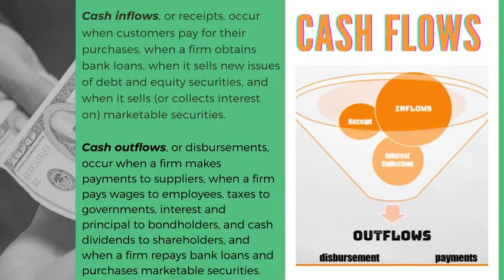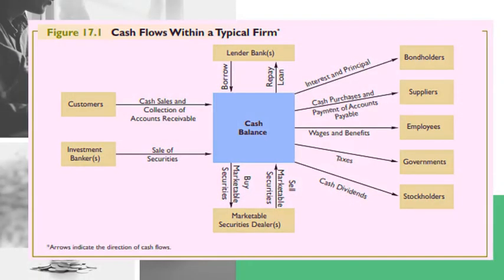Cash outflows or disbursements occur when a firm makes payments to suppliers.